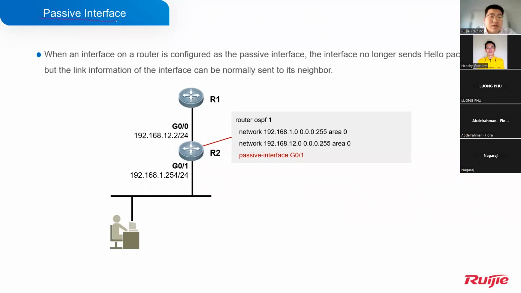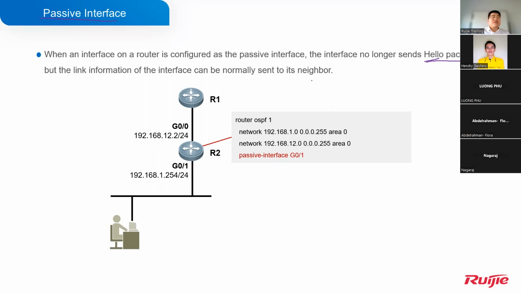Let's see how that works. When an interface on a router is configured as a passive interface, the interface no longer sends hello packets. What's the function of hello packets? Think about this. It has two functions. First is to establish the neighbor, and it can also keep the neighbors alive.